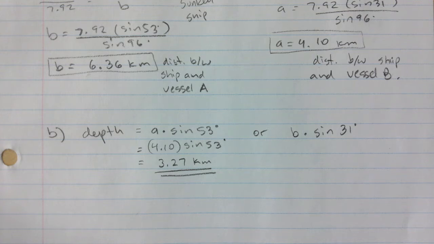It will most likely not be exactly the same because we're rounding when we're finding the side length. It actually rounds to 3.28 if you do it the other way, but that's not going to be your problem. That's okay. It is what it is, as long as you know how to do it.